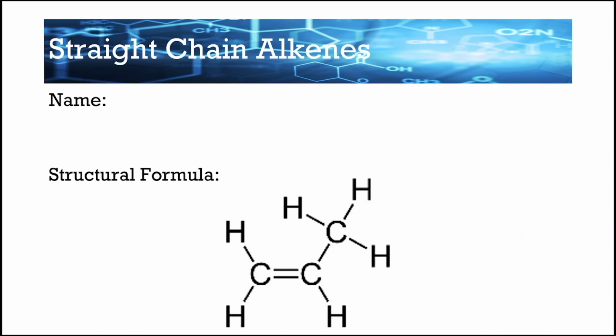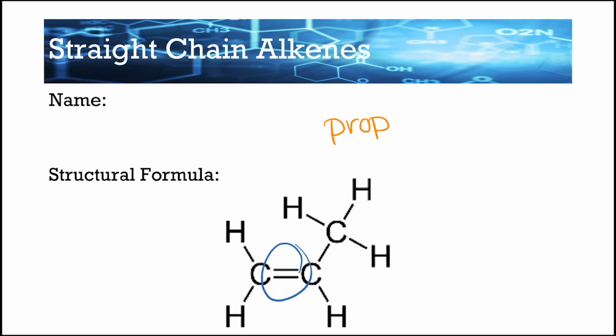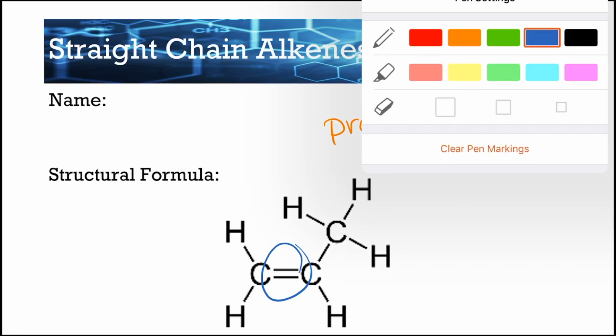Okay, next one. We want to name the carbon chain first, so we have 3 of them, and that is prop. Now we have this double bond, so we have to give it the term ene. But now the question comes into where is that double bond located?